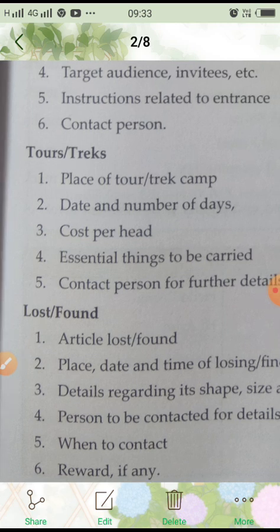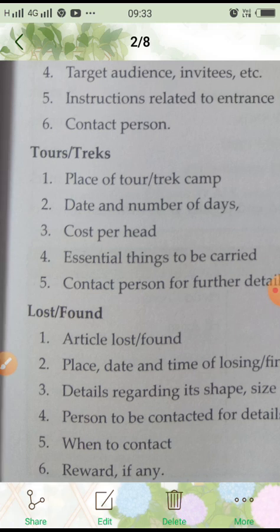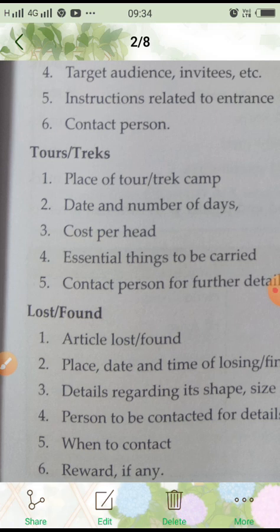So you will write a notice and display it. If that person sees that someone has found it and displayed the notice, they can contact on the mentioned address or phone number, whatever is there.